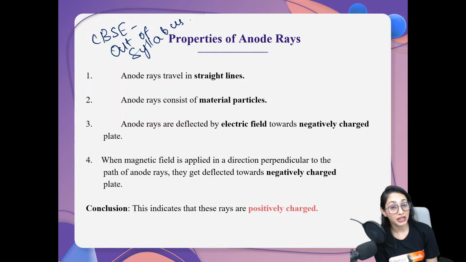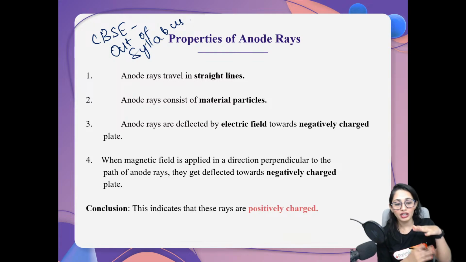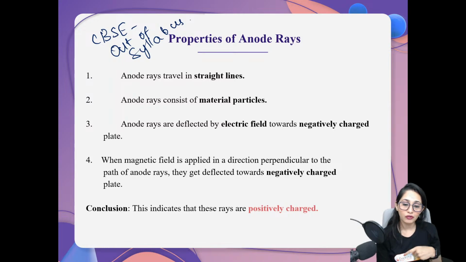Anode rays consist of material particles. And anode rays are deflected by electric field towards the negatively charged plate, which means that they are positive in nature. When a magnetic field is applied in a direction perpendicular to the path of anode rays, they get deflected towards the negatively charged plate. This indicates that these are positively charged.